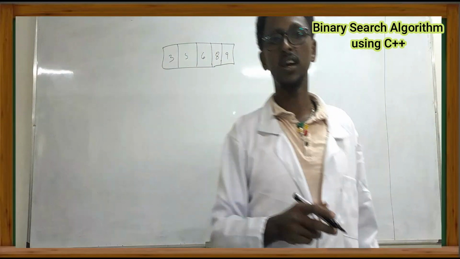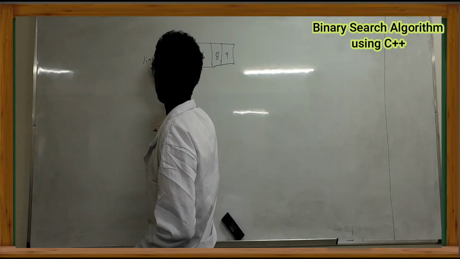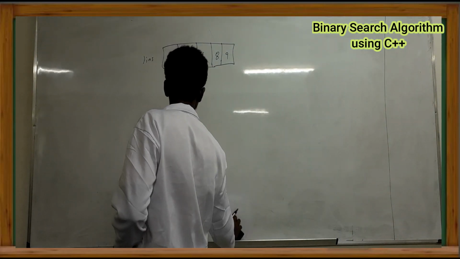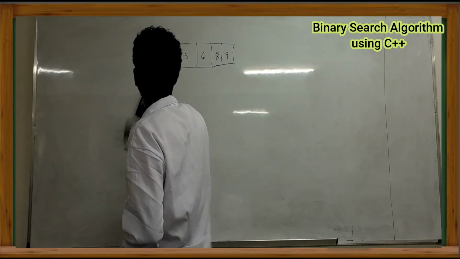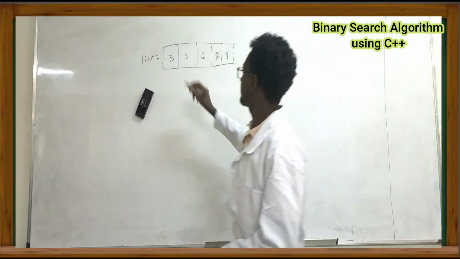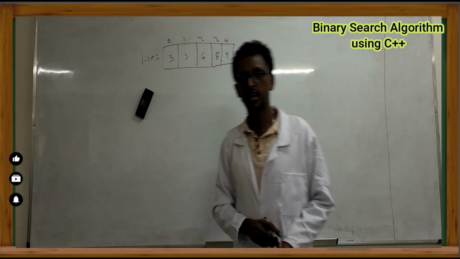This is the given list of arrays. Assume the array list is equal to this value, and the indices are 0, 1, 2, 3, 4.